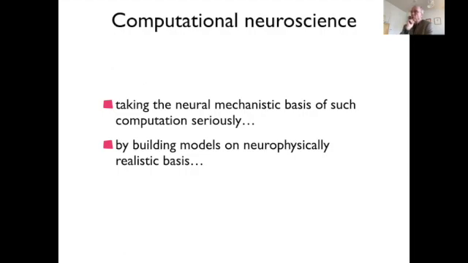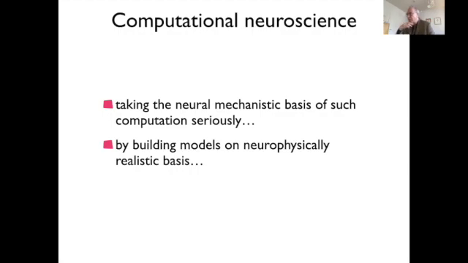Now, computational neuroscience overlaps with connectionism, but I would say it has a little bit different outlook. And it's not sharp. Some people use these terms a little interchangeably, so not everyone uses them very sharply, let's say. But one could perhaps put up another extreme where you're using neural network models, but in a way where the neuromechanistic basis of such connectionist computation is taken seriously.